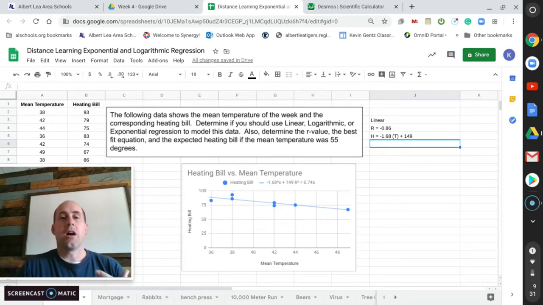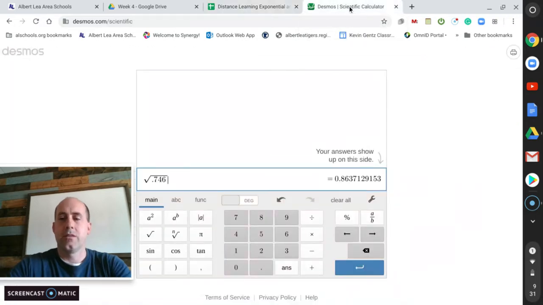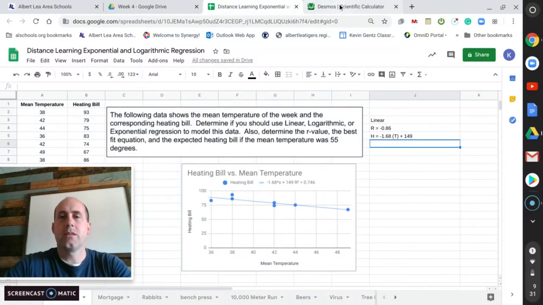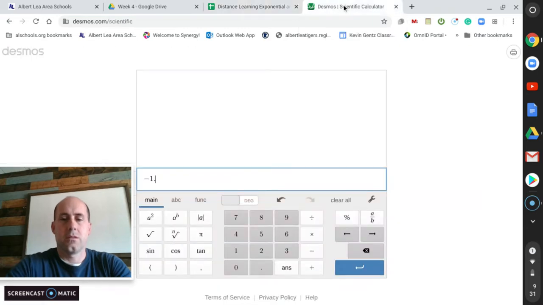And finally, it says, what's the expected heating bill if the mean temperature was 55 degrees? So we just take negative 1.68 times 55, plug it into our equation, plus 149.